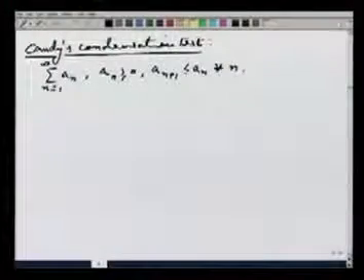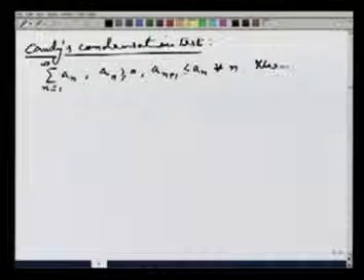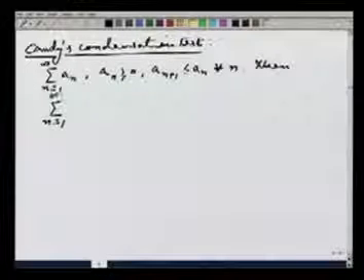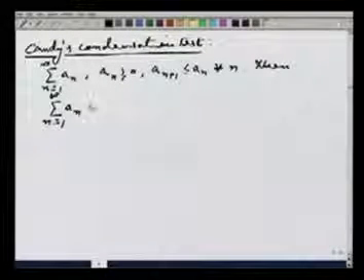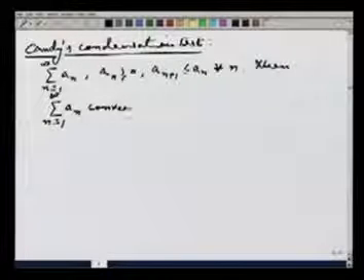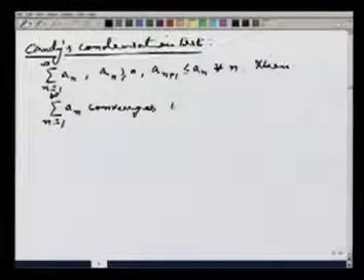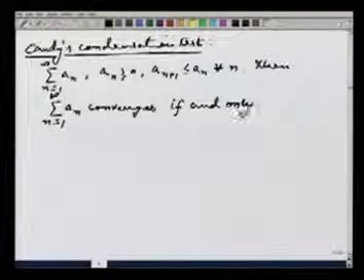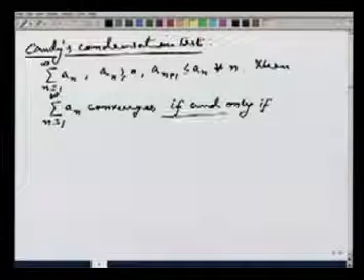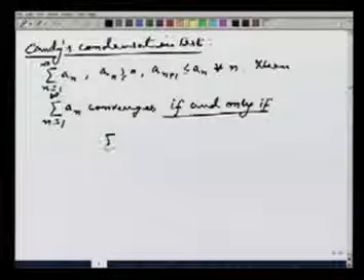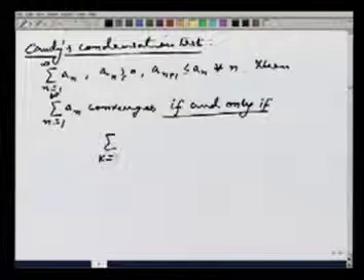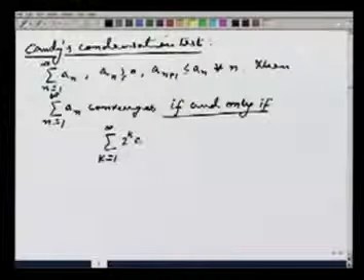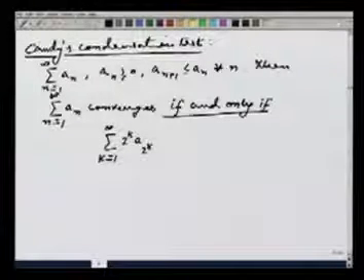Okay. Then the test says the following. Then summation n from 1 to infinity a_n converges if and only if, so this is important, summation k from 1 to infinity 2 to the power k a_(2 to the power k) converges.